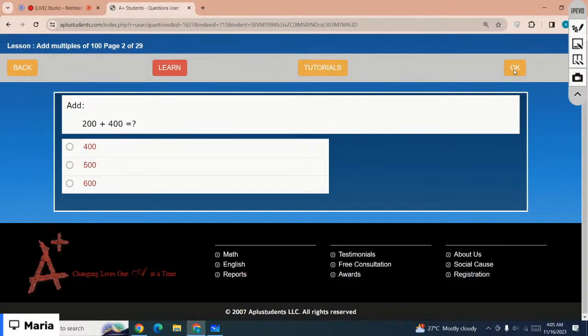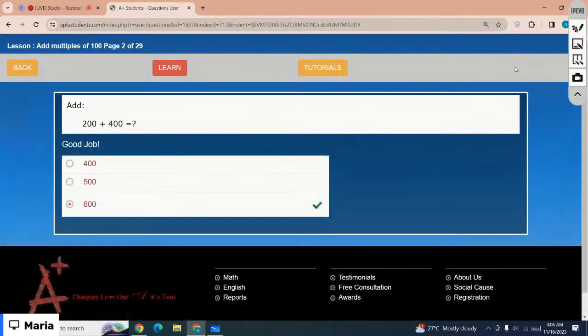So you have to write them down one above the other. 0 plus 0 is 0, 0 plus 0 is 0, and 4 plus 2 is... So yes, that is 600. The correct option is 600. You just have to add the non-zero values. They are 4 plus 2, so that is 600.